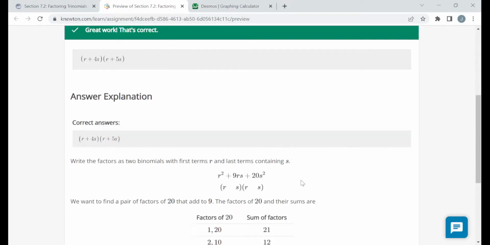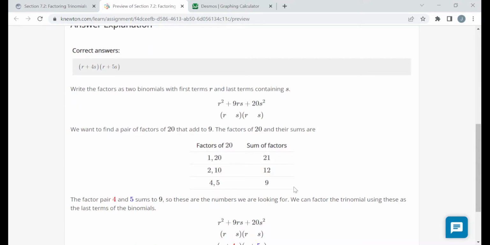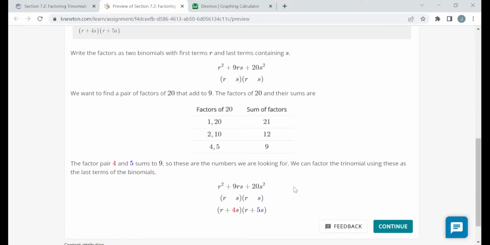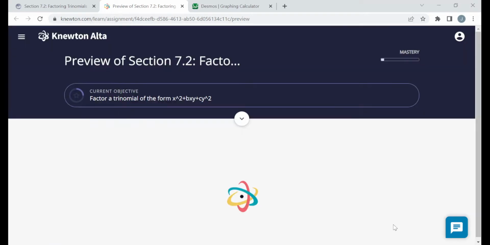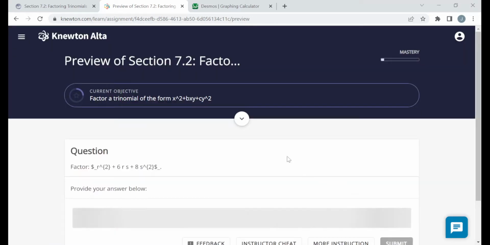And you see they make the same kind of table here. Great. I'm basically doing the same thing for all these problems. Here's another one with two variables. Again, the variables are r and s instead of x and y, but you still go about the same procedure.